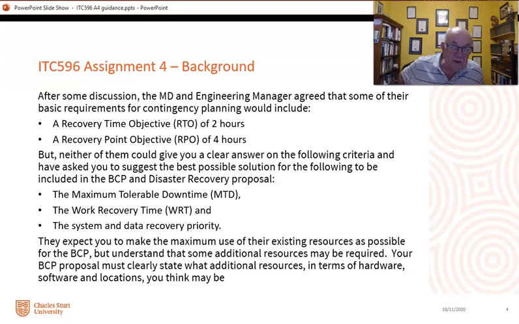They expect you to make the maximum use of their existing resources as possible, but they understand that you are going to require some additional resources for BCP. So your BCP proposal must clearly state what additional resources in terms of hardware, software, locations, etc., you think may be required.